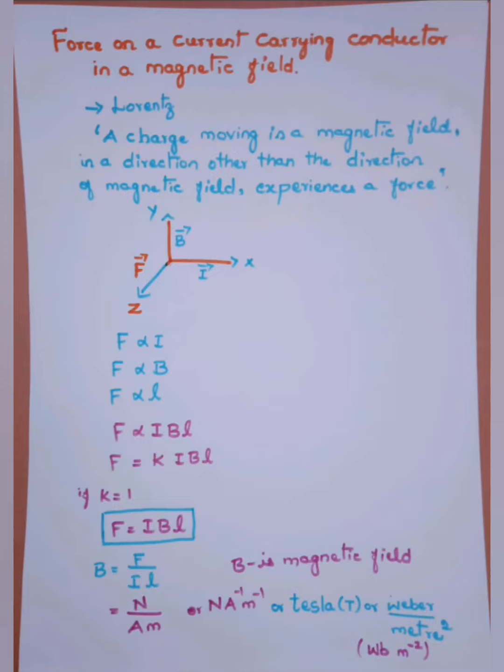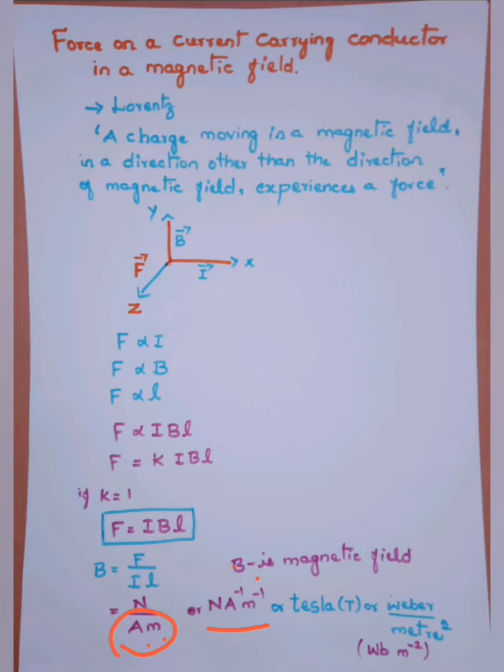Okay. And let's see about the unit. This is also very important. Please focus on it. What is the SI unit of force? SI unit of force is Newton. For current, ampere. For length, meter. So, this could be written as Newton per ampere per meter. When you take these two quantities to the numerator, it becomes to the power of minus 1.